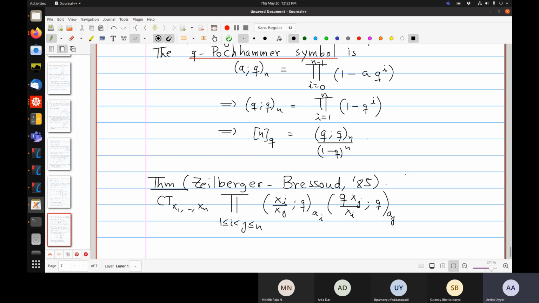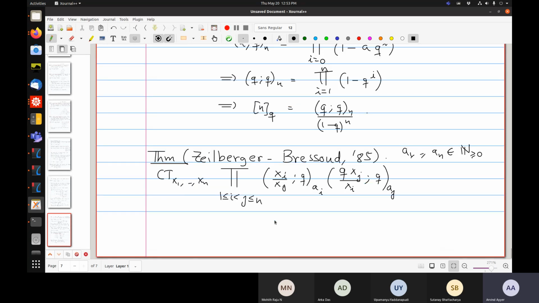So again a1 up to an are non-negative integers. The constant term of this is the q analog of the multinomial, (q;q) of a1 plus up to an over a1 up to an.